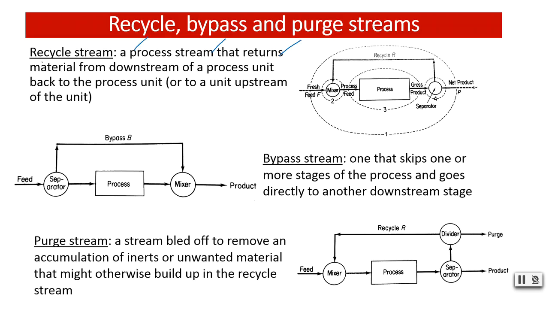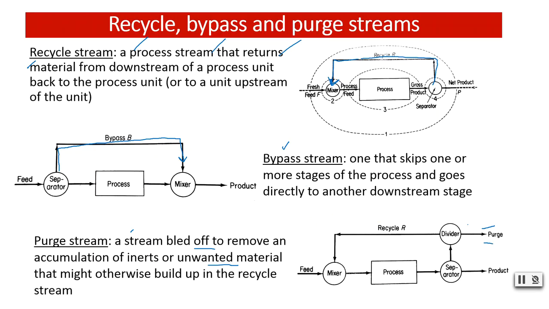With a recycle stream, a process from here will have to go back to the stream in the previous process. And for bypass, some of the stream will bypass a particular process. And for a purge system, a stream is bled off to remove an accumulation of unwanted materials and so on.